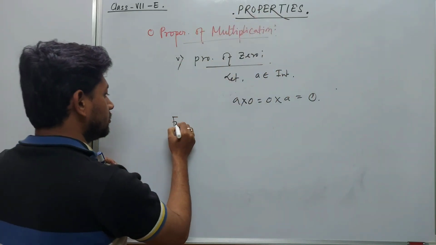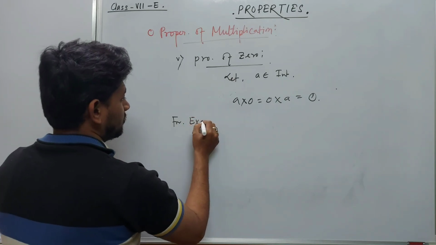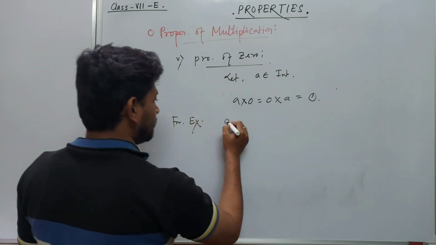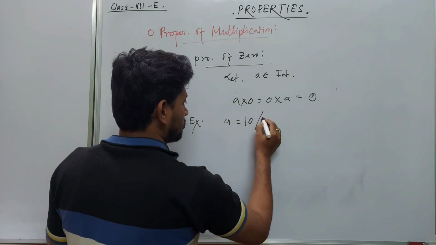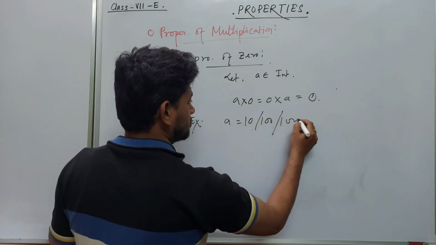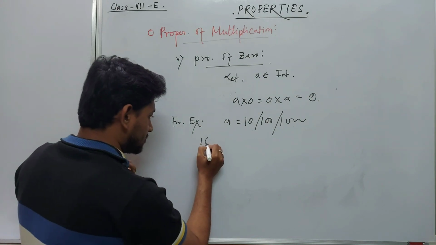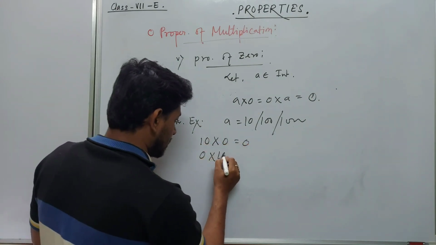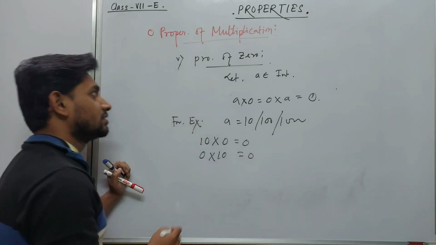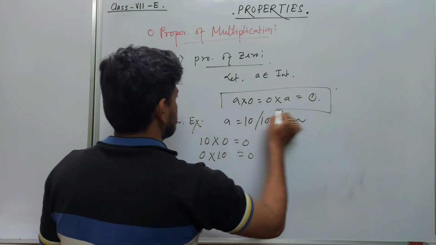For example, if we take A equal to any integer, say 10 or 100 or 1000, then 10 into 0 is 0, 0 into 10 is 0, so this property holds.